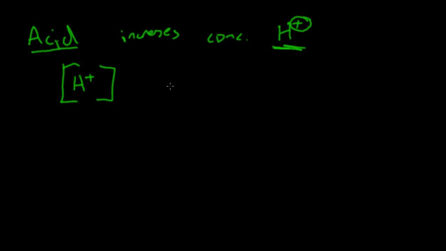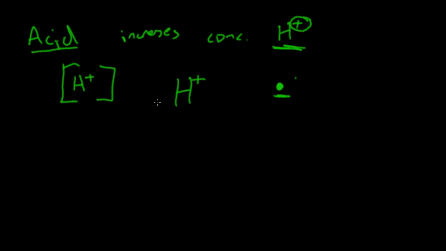An important definitional thing here is that an H plus ion is a hydrogen atom without any electron, because a hydrogen atom is just a proton. H plus without any electron going around it is just a proton.